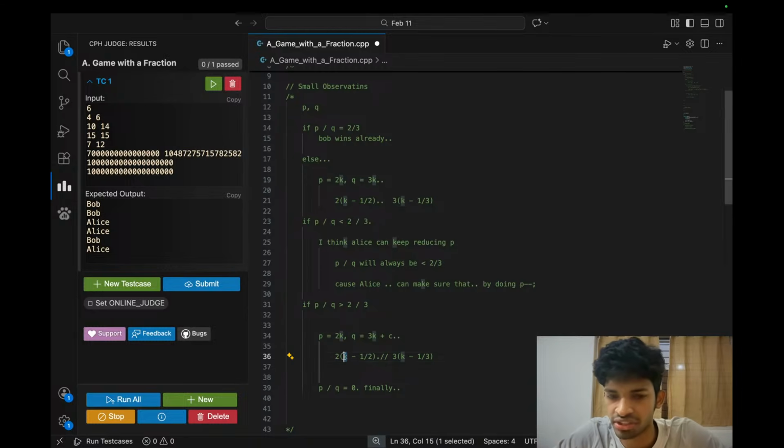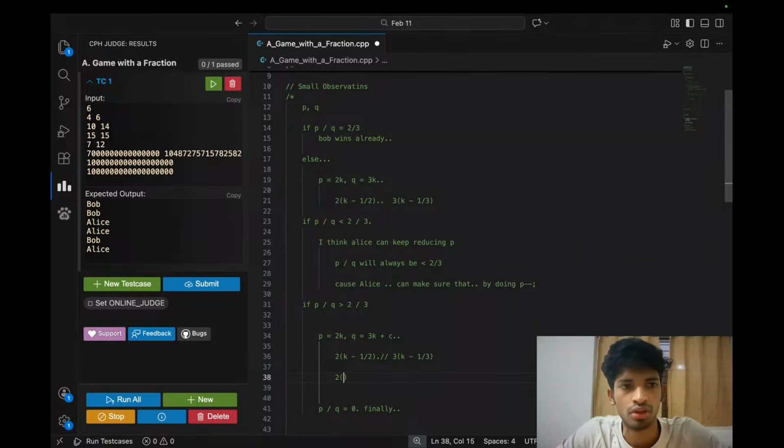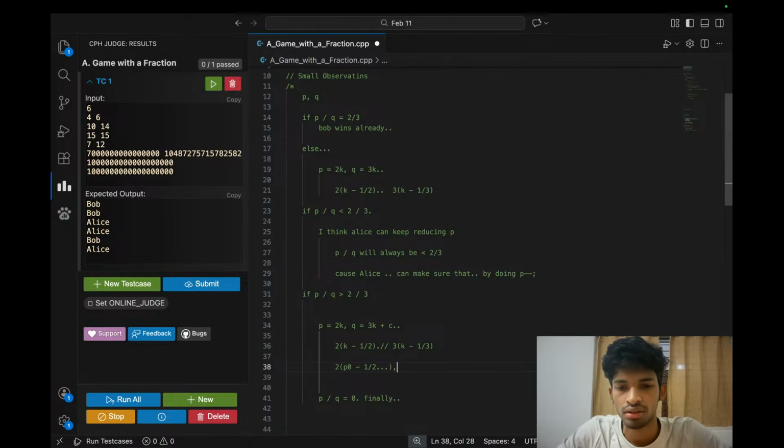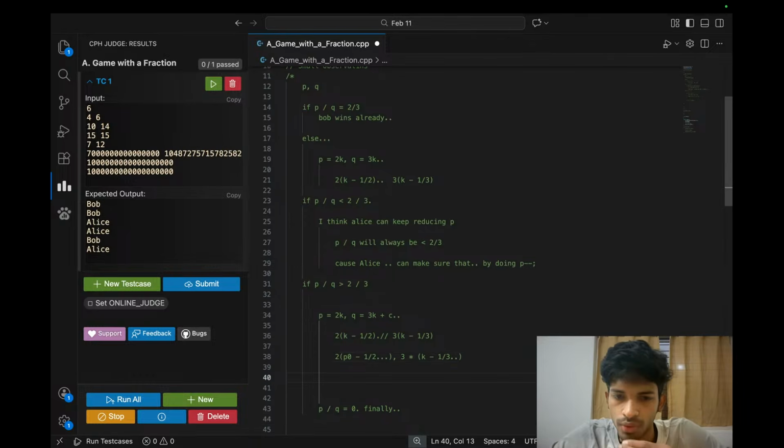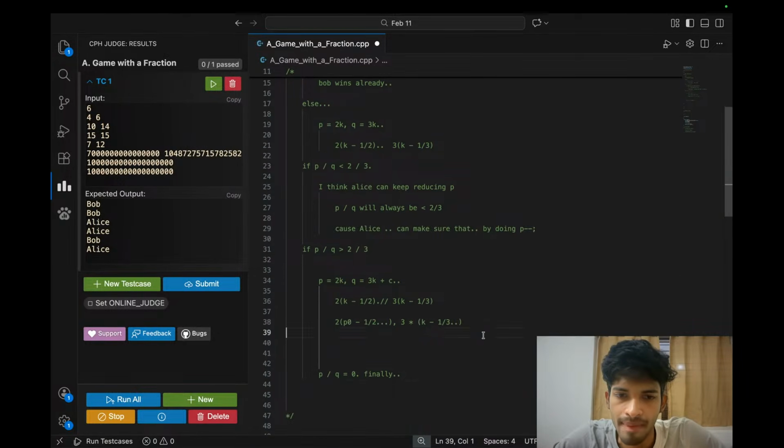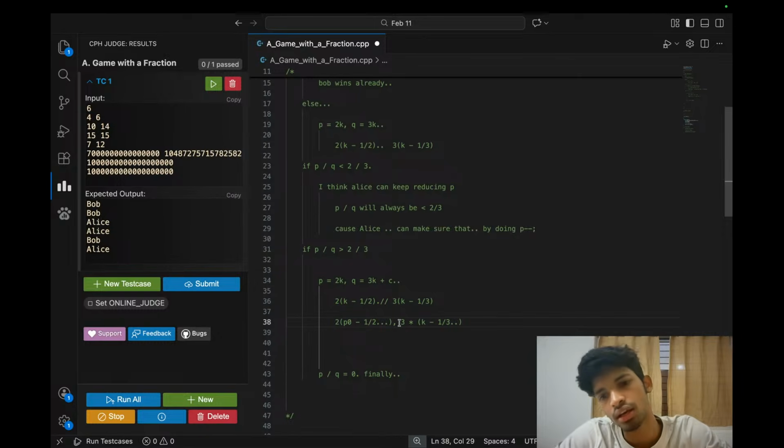And let this be a fraction, whatever the initial fraction is. 2 times the initial value P0 minus half. They can do some halves here. 3 times the initial value minus, they can do some 1 by 3s here. This is what they can do, and the value will become 0 after a while. Is it always possible to come here? We have to just think about that.